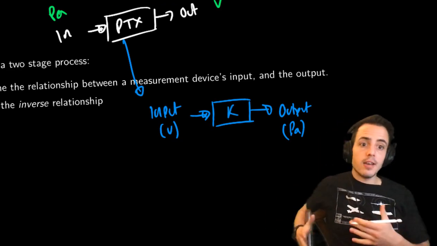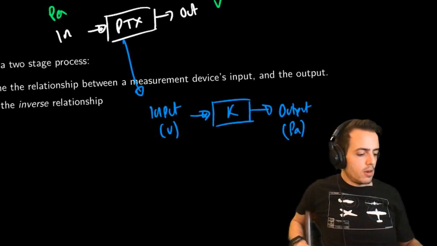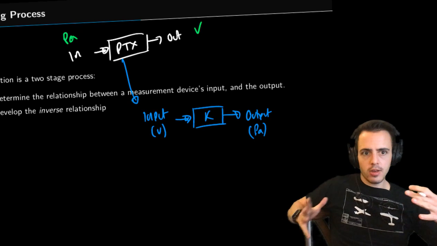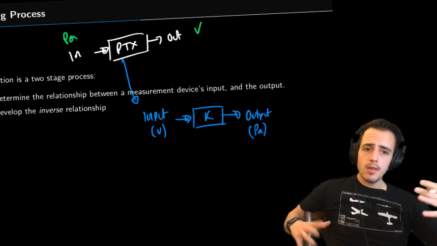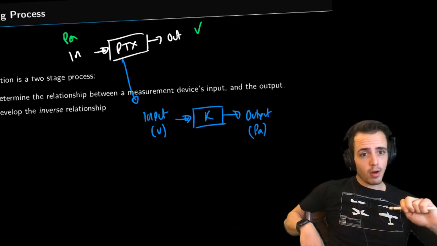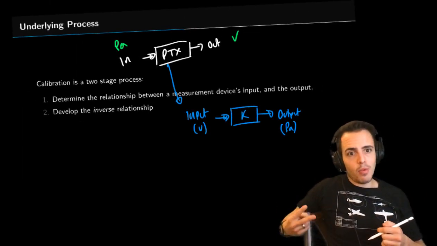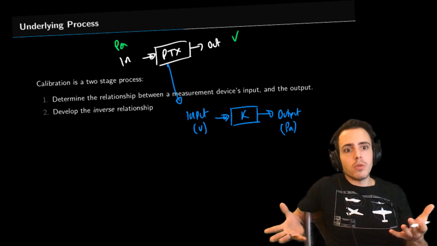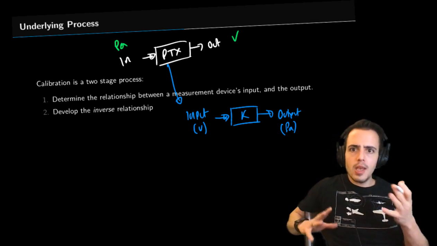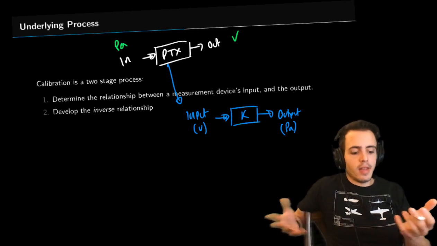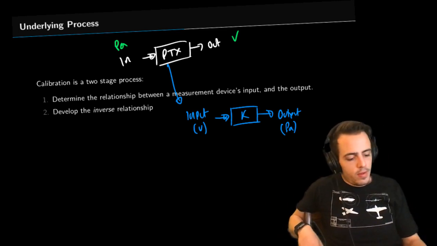I'll call this K. This is then our calibration. Call it whatever letter you want there, but this is then our calibration that we've got for this device. So remember, it's a two-stage process. First off, we determine the relationship between the thing we care about and what the transducer or the measurement device actually gives out, and then we look at working out the other way around, which is what we're really going to end up using in an experiment.